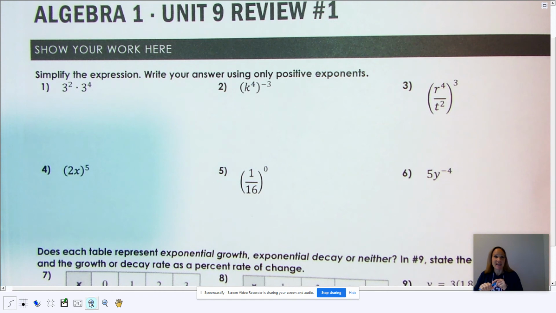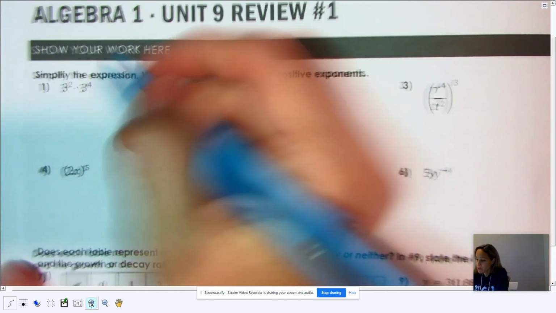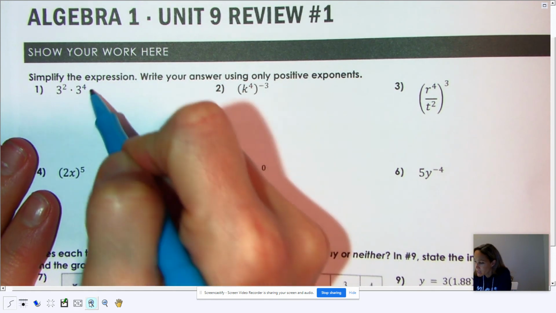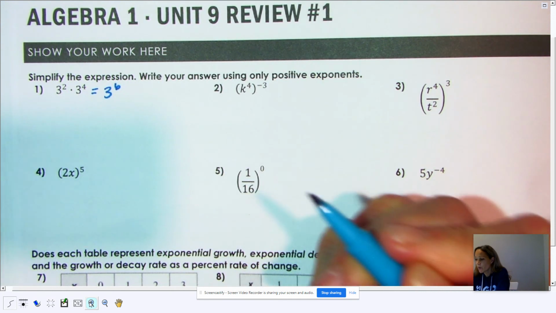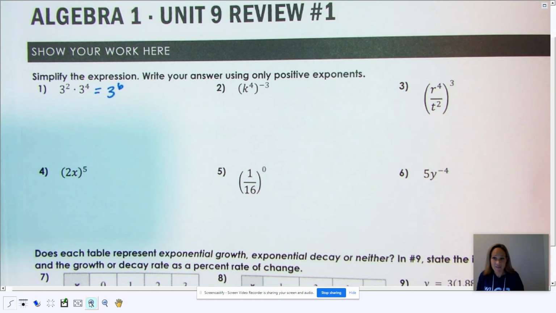So number 1, we have 2 3s and then we have 4 3s. So altogether that is 3 to the 6. And remember that if we have numbers, we usually try to simplify those if we can.